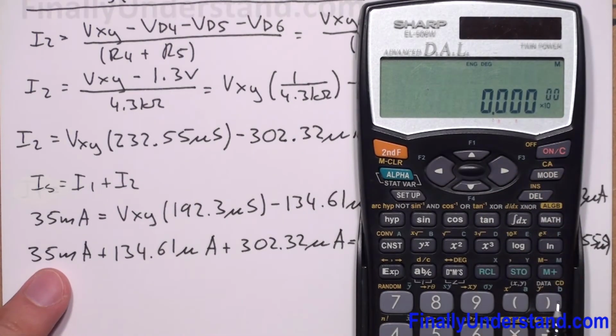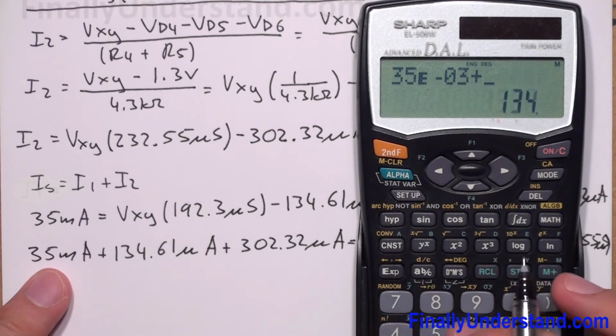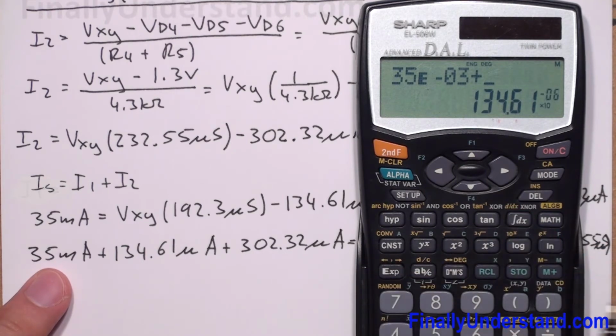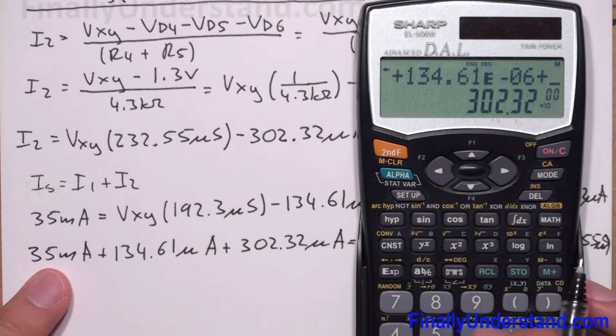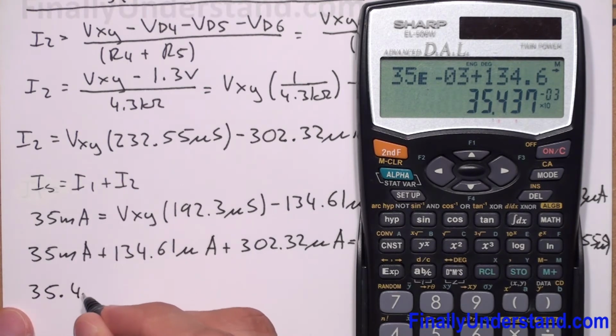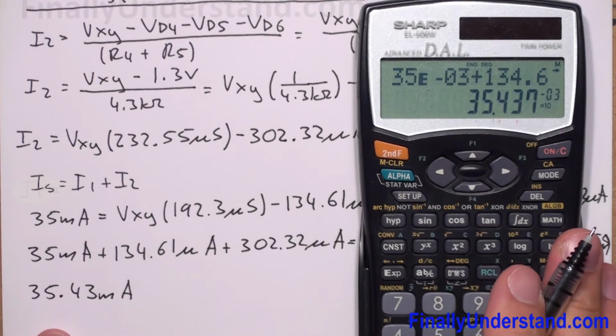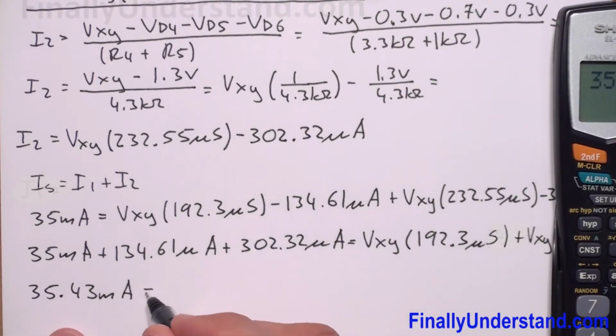So I have 35 exponent negative 3 plus 134.61 exponent negative 6 plus 302.32 exponent negative 6. This is equal to 35.43 milliamps. Okay, and this is equal to VXY.